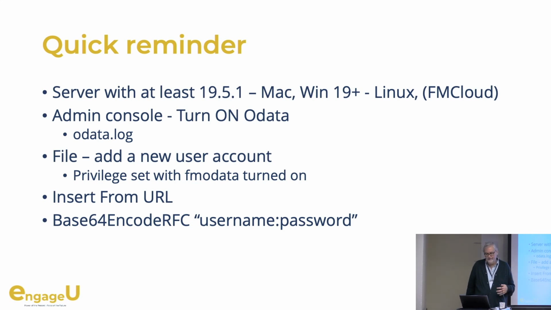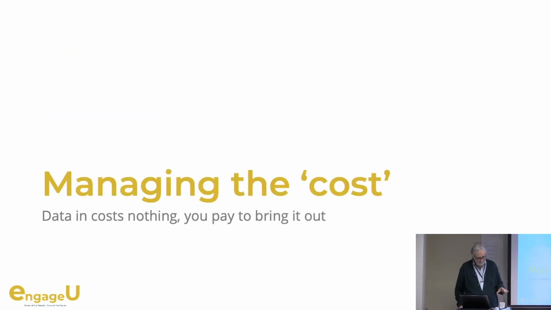Within your file, you'll need a user account with a privileged set of FM OData turned on specifically. Okay? But those are the only kind of moving parts you need. Within your world, everything else after that is just Insert from URL in FileMaker. And because it's basic authentication, you take the username and password, Base64 encoded, and that's what you're going to pass as the authentication. Makes it significantly simpler.